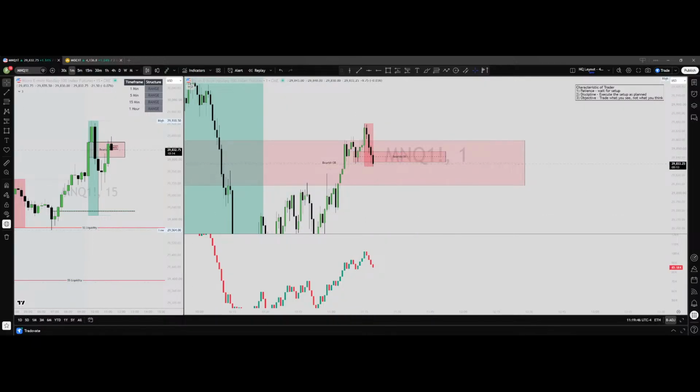Okay, no candle closing yet. That's no trade. I'm still gonna wait 1 more minute.